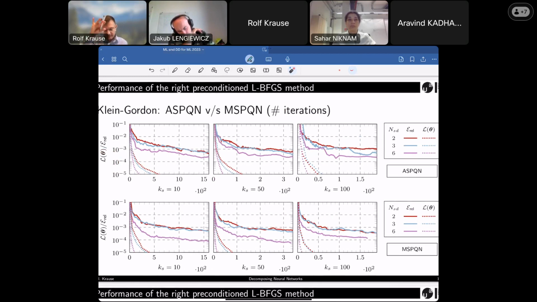We had a network with in total 6 layers, and we decomposed into 2 subproblems, so 3 layers each, 3 subproblems, 2 layers each, or each layer is a separate subproblem. If you look at the loss, red is 2, blue is 3, and violet is 6. You get better convergence if you have more subproblems in this particular case.